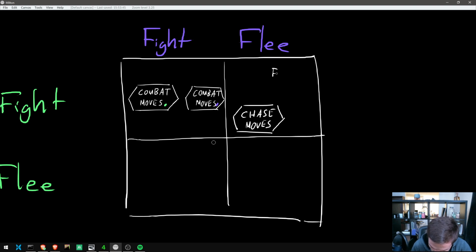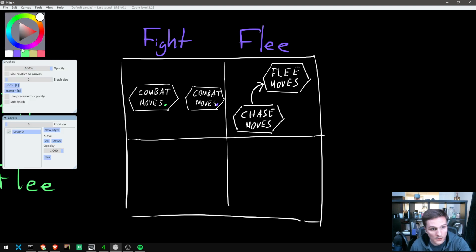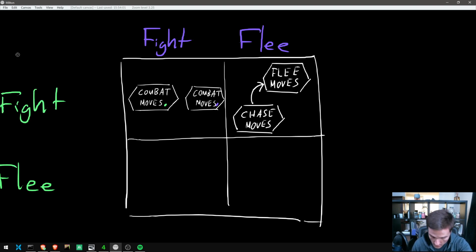And flee moves. With a kind of time dependency that exists here, and purple there, green there.